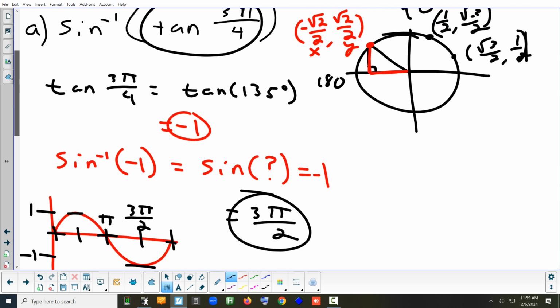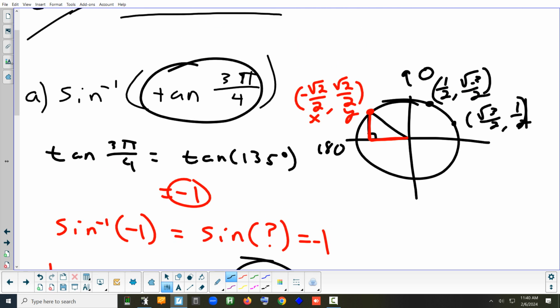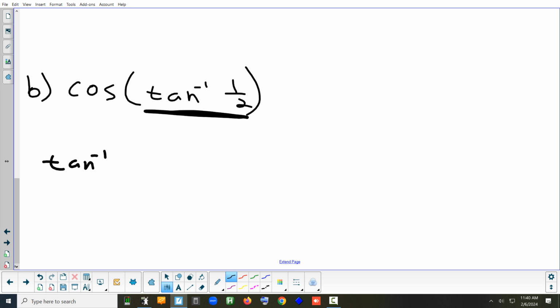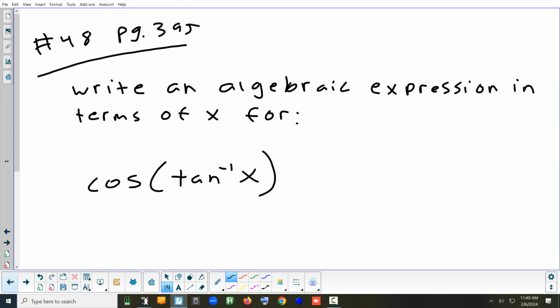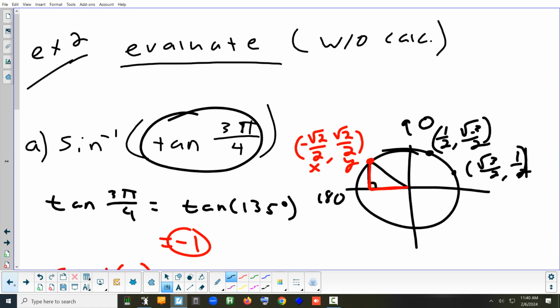The last problem was regular trig, that was a different question. This is more similar to what we did in the first two problems. It has inverse trig on the inside. The difference is it's all numbers instead of having inverse trig on the inside with a letter. So this one's actually going to be easier than the first two.